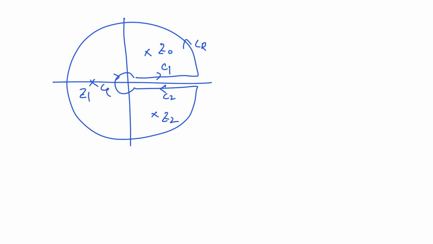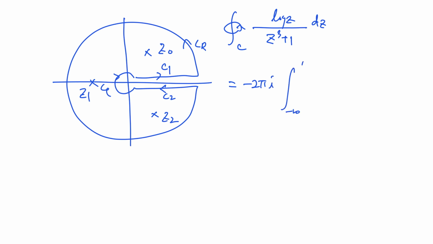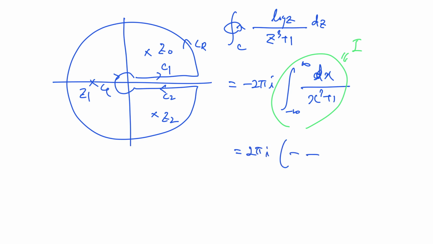Therefore, this integral over C of log z over z cubed plus 1 dz is basically 2 pi I times the integral from minus infinity to infinity of x to the 1 dx, right? This is our integral, I, which is 2 pi I times minus 9 over 2 square root of 3 pi. So this cancels this and this.